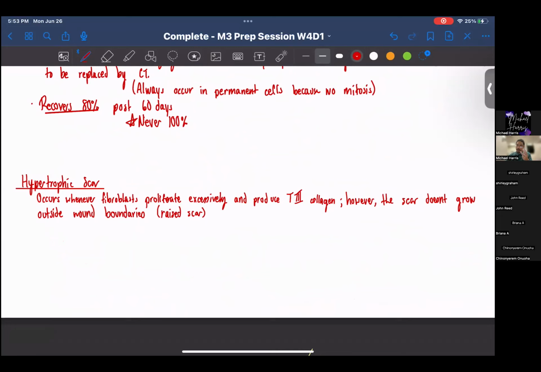This is very important because the way they tie this in on a question is they say, what do you expect to see on a biopsy of this? Type 3 or type 1 collagen? Well, since this is a hypertrophic scar, this is type 3 collagen, not type 1. Okay? Because type 1 is only seen when you get the maturation process. And I'm going to show you the two different types of scars.